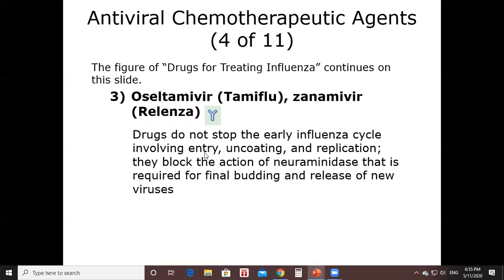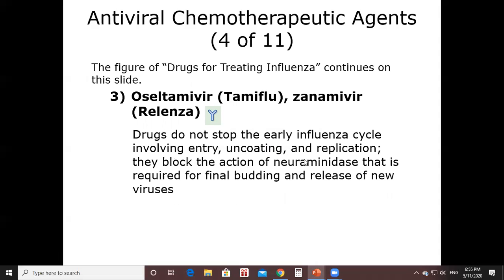Then you have the Tamiflu and Zanamivir drugs. They do not stop the early influenza cycle involving entry, so it lets the flu virus get into the cell. It doesn't stop the uncoating or the replication.